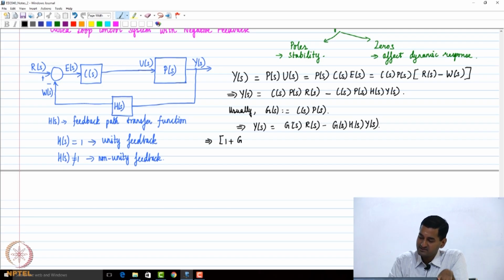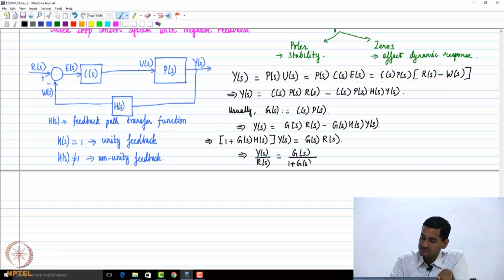You will get 1 plus G of S H of S times Y of S is equal to G of S times R of S. So this implies that Y of S divided by R of S is equal to G of S divided by 1 plus G of S H of S.